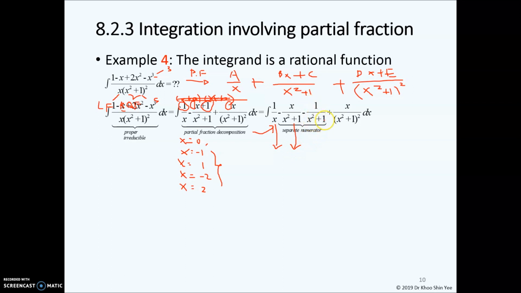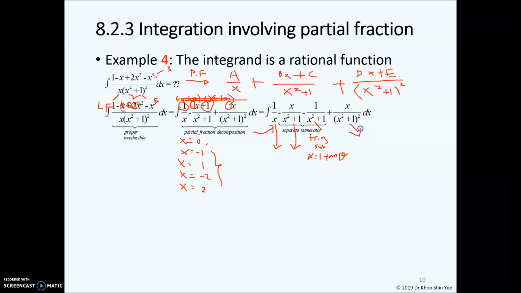So x squared plus 1, you differentiate, you get 2x. So you cannot use substitution here, where you can see a squared plus b squared. So for this term, we can use trigonometric substitution, where we let x equal to, in this case, a squared is 1, so 1 multiplied with tangent of the angle. So to solve this.